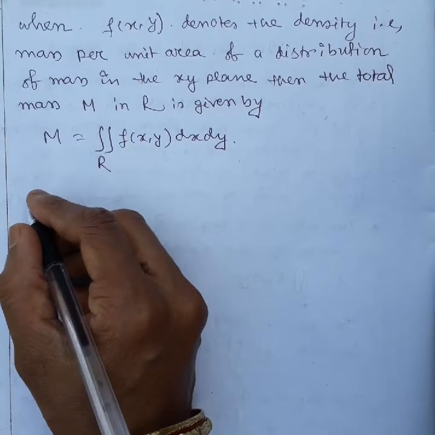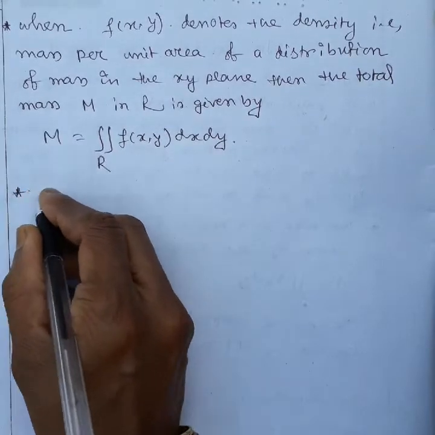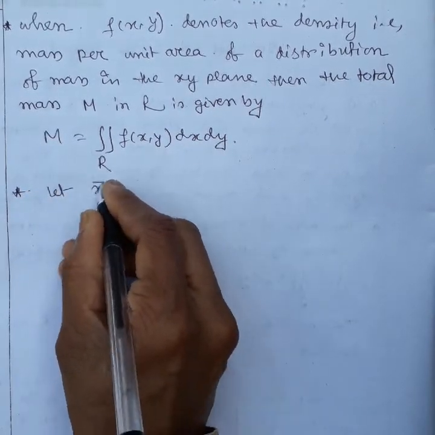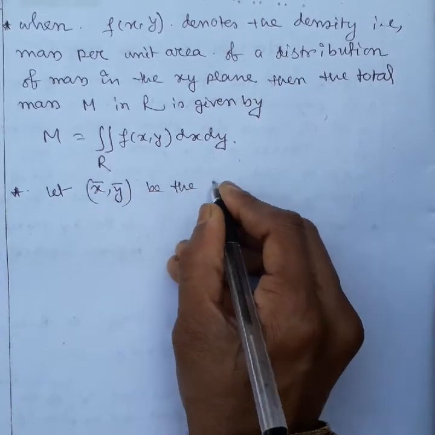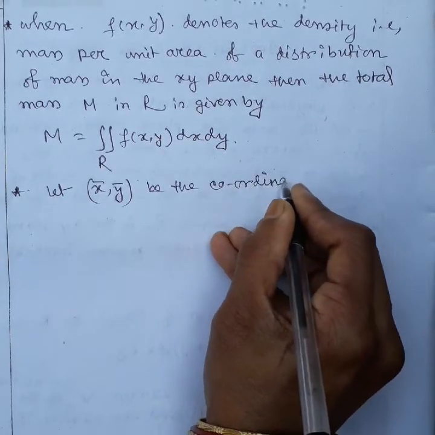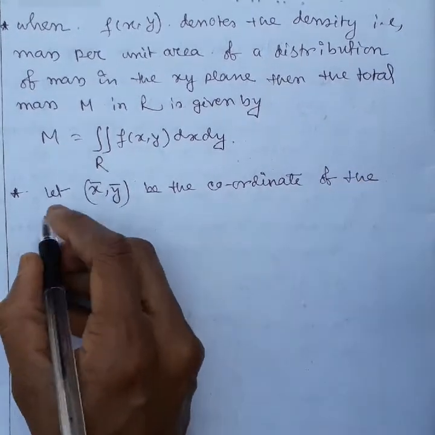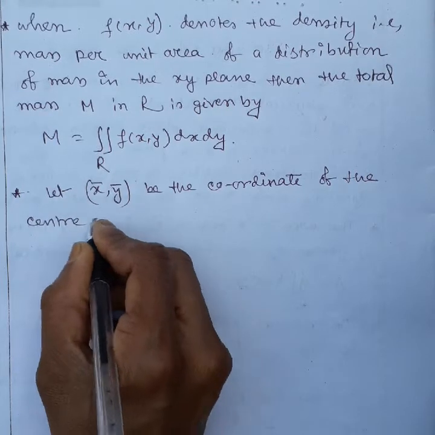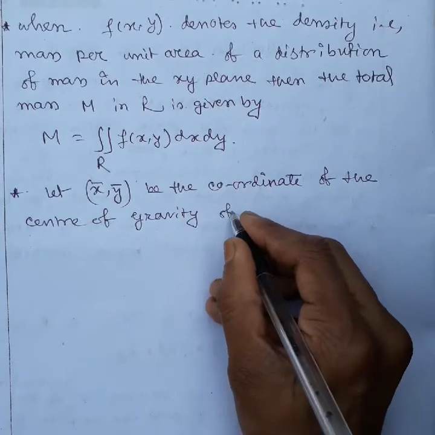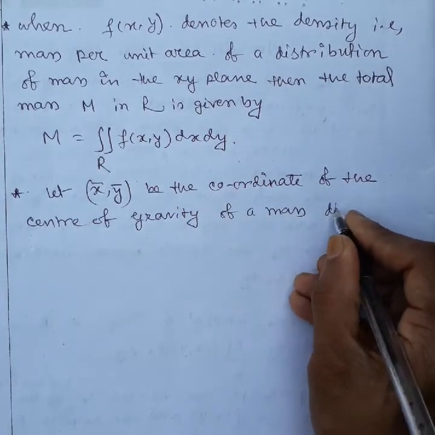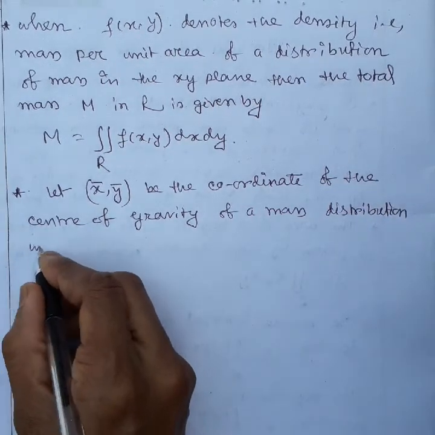Okay, and let x bar, y bar be the coordinates of the center of gravity of a mass distribution in the xy plane.